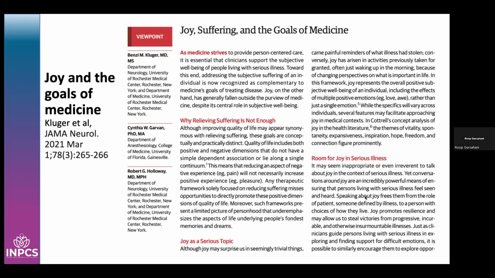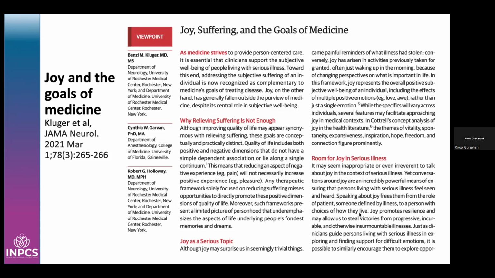And effectively, when you bring out these topics, they are an incredibly powerful means of ensuring that patients living with serious illness feel seen and heard. Speaking about joy frees them from the role of patient. A patient is someone who's defined by illness, to a person with choices of how they live.